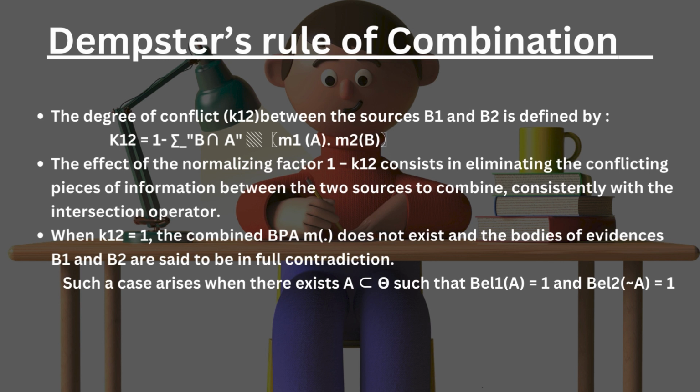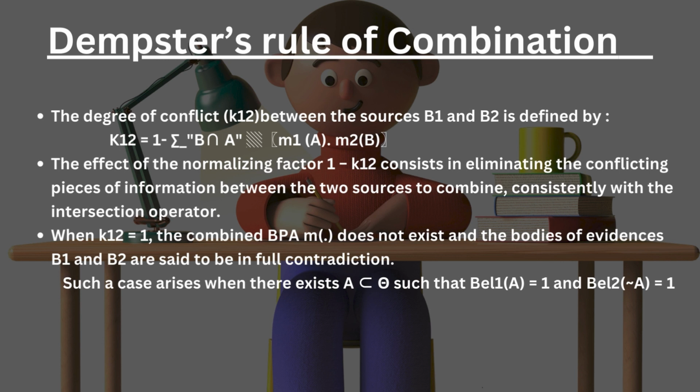The higher the value of K12, the greater the conflict or inconsistency between the two sources, and so we are actually normalizing by subtracting from 1 all those empty sets in the table.